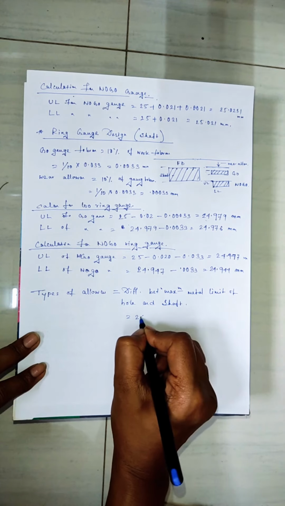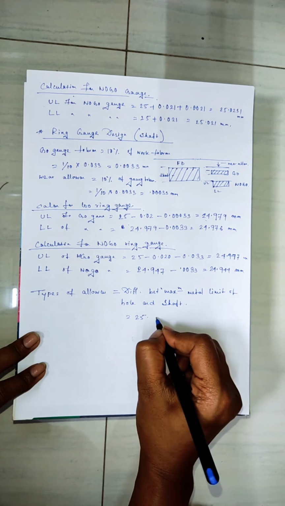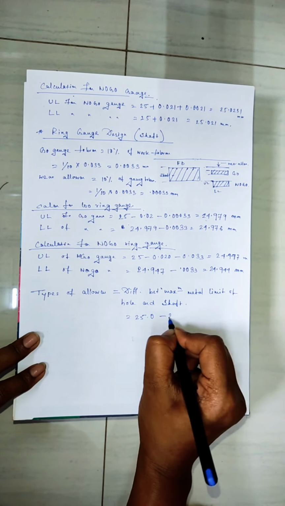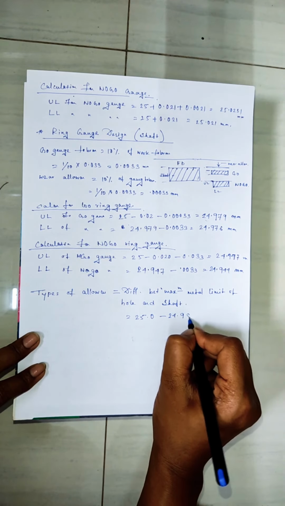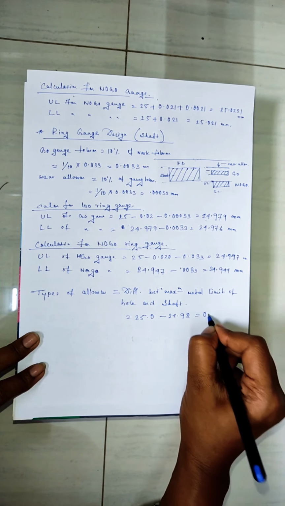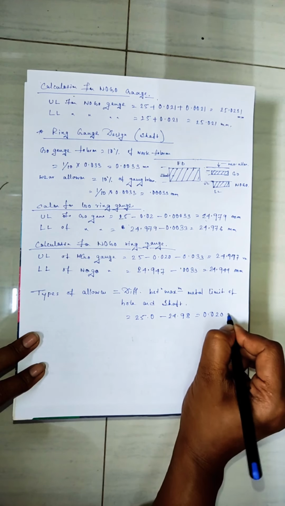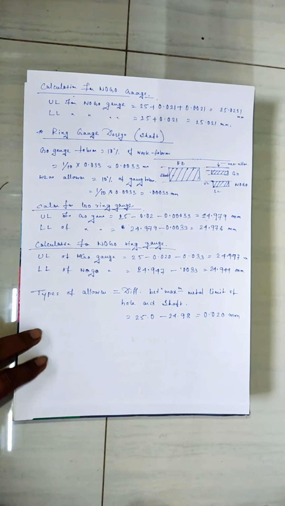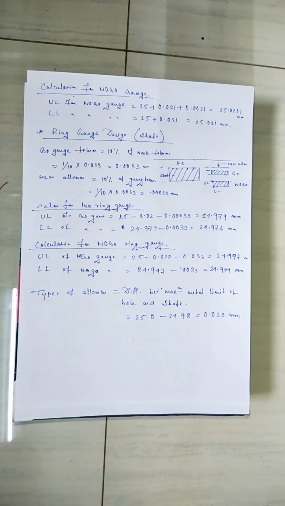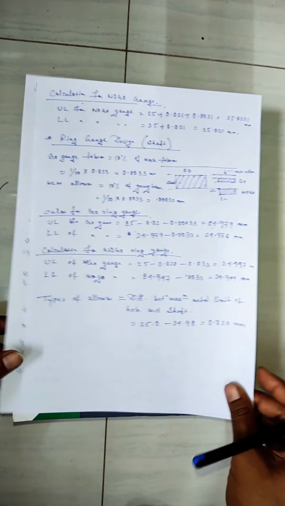That is equal to 25 basic size minus 24.98, that is equal to 0.020 millimeter. So this is our solution of this type of problem.